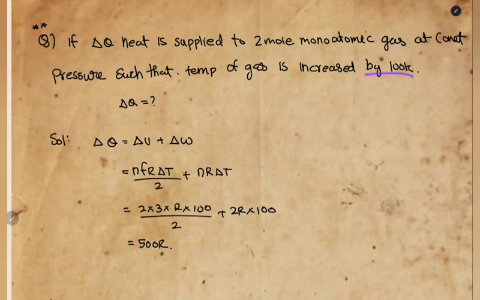But when they say increased by, it means it is increasing by 100 Kelvin from the initial temperature. So delta T is given, N is given, F is given, which is 3, at a constant pressure.